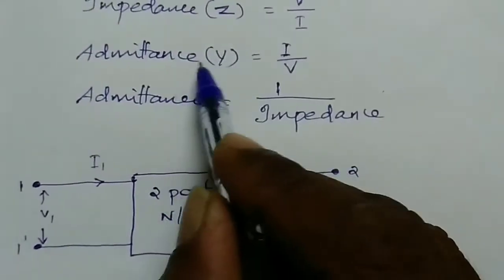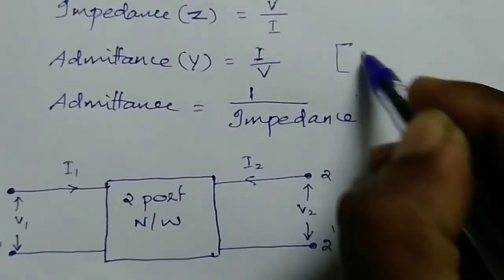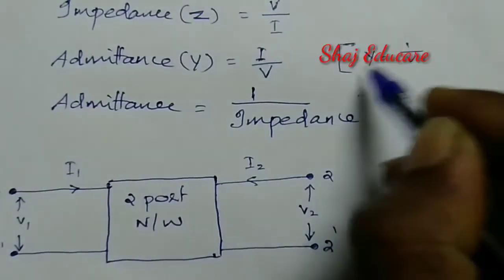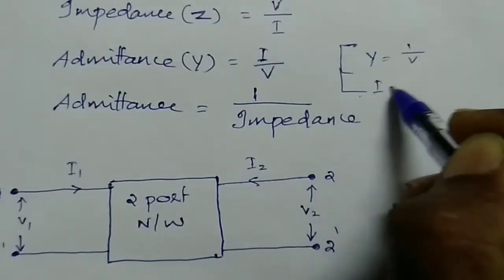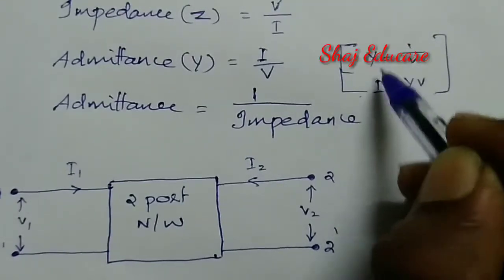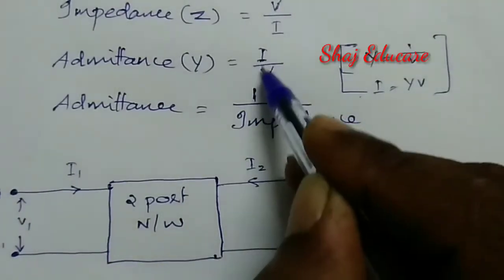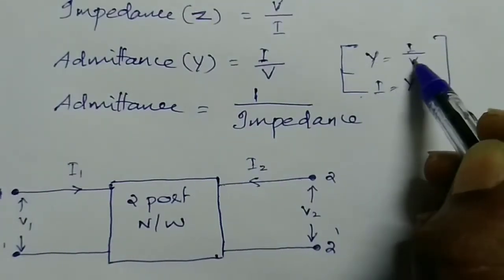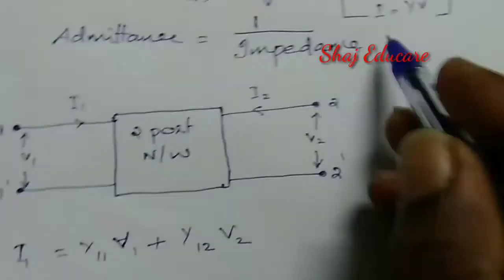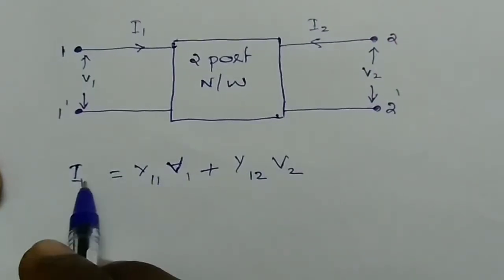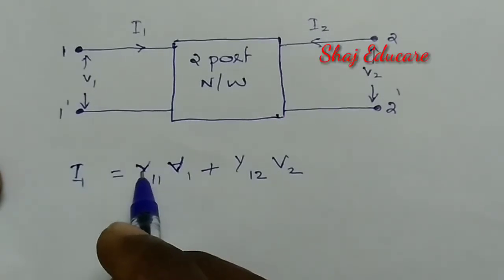Simply, admittance Y is equal to I by V, so I will be equal to Y into V. Just take a look: Y is equal to I by V, so I is equal to Y into V. That is what we are writing over here.